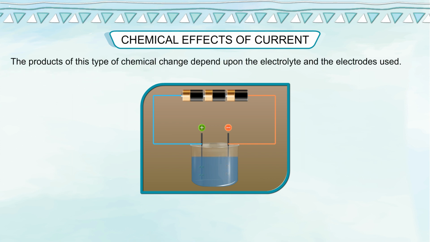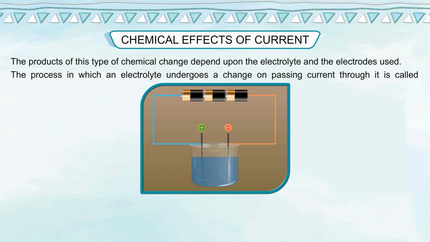The products of this type of chemical change depend upon the electrolyte and the electrodes used. The process in which an electrolyte undergoes a change on passing current through it is called electrolysis.